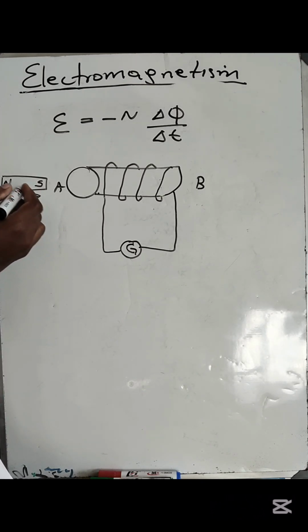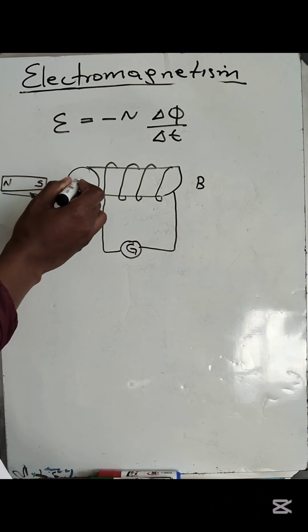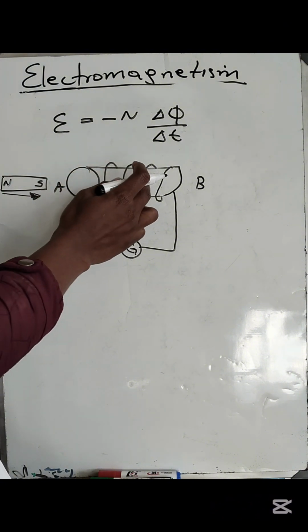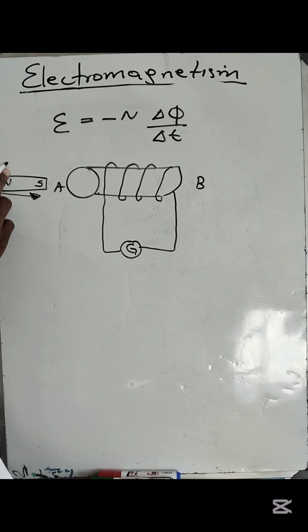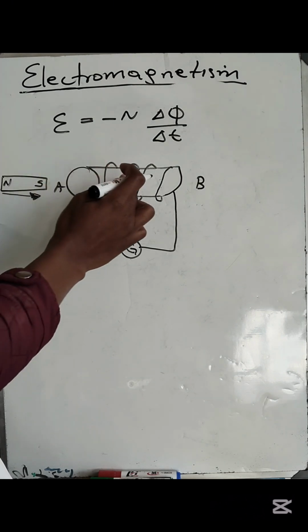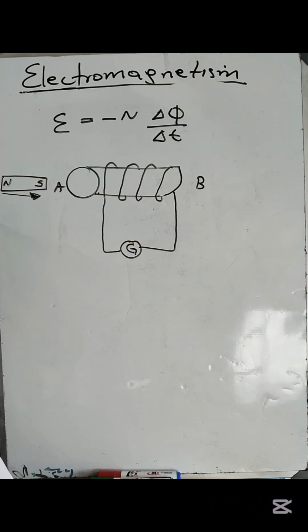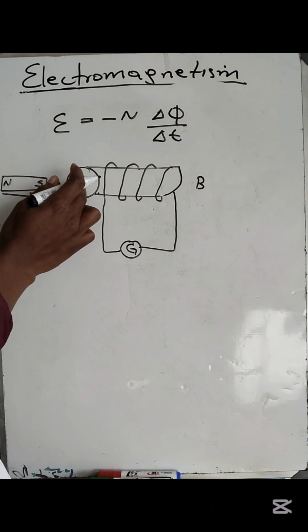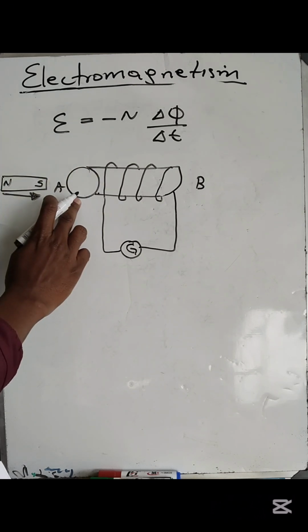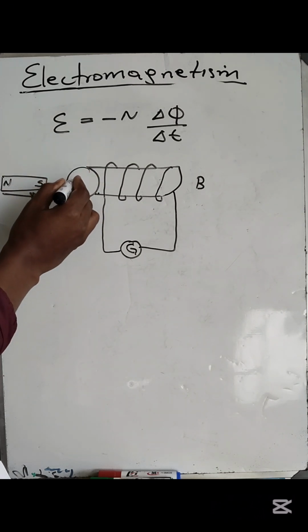You must insert this magnet in, then the solenoid must push the magnet out. The magnet is going in, then the solenoid is pushing it away. So which means here we have a south pole.